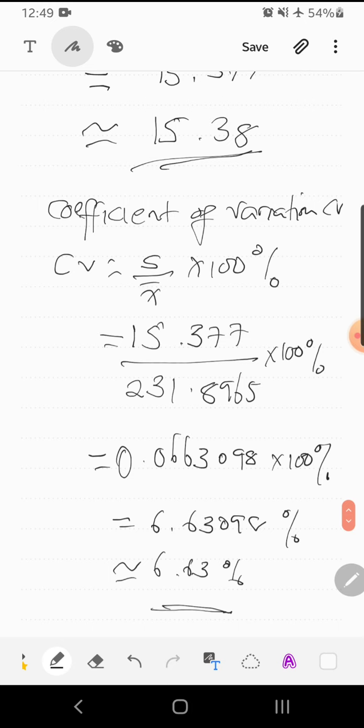Okay, and there we have our coefficient of variation.